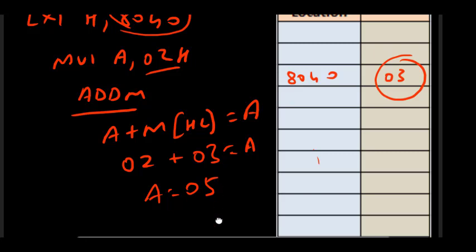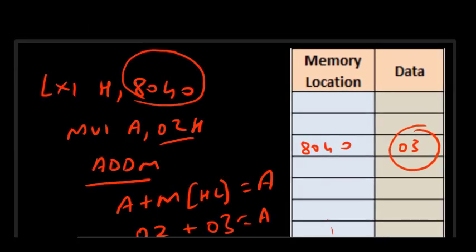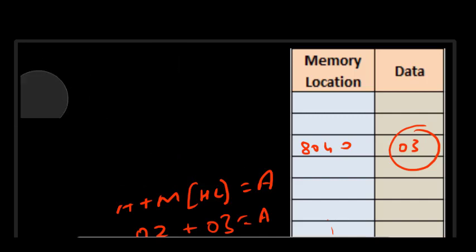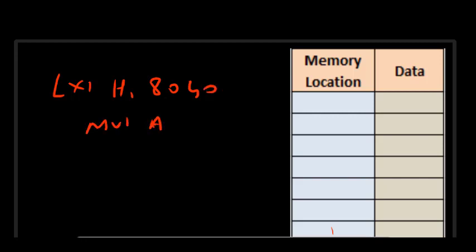Similarly, just as we have ADD M, we also have SUB M. In a similar way, if we have LXI H 8040, and we write MVI A, suppose 05H, and 8040 contains suppose 03.